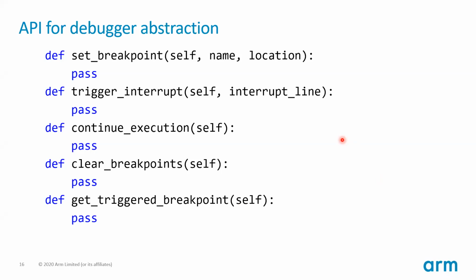This is a class that you have to implement if you want to add your debugger to it. The main script logic, reading the file and executing the test case, is common, and it calls these APIs. So if your debugger has a Python interpreter and you are able to implement these, I don't know, 5 functions, then you are ready to use the tool as it is at the moment.